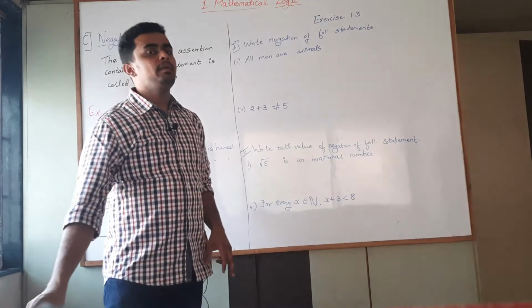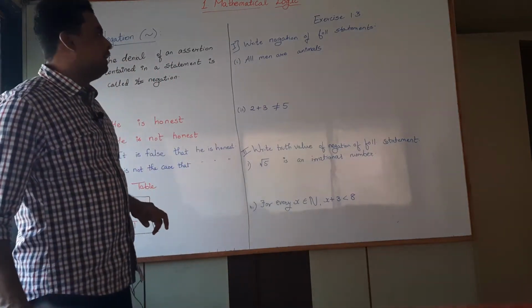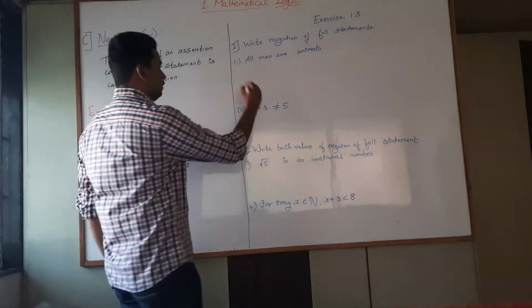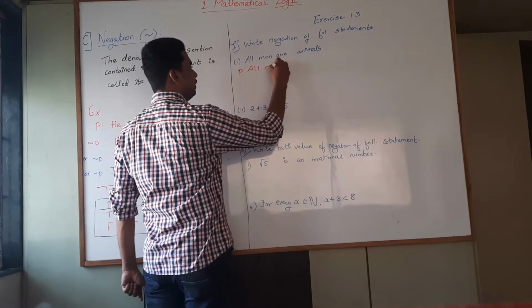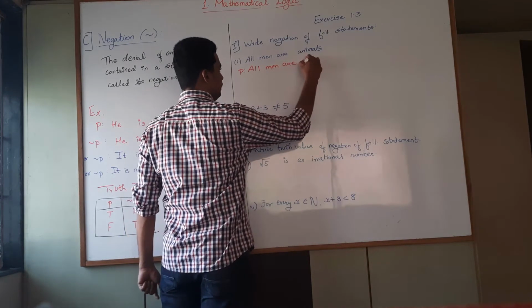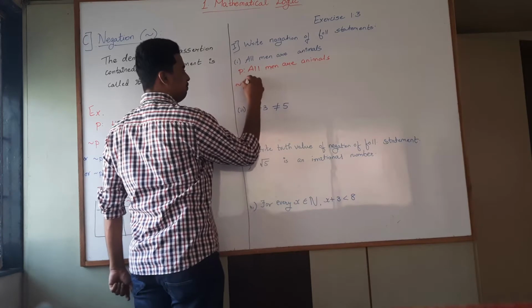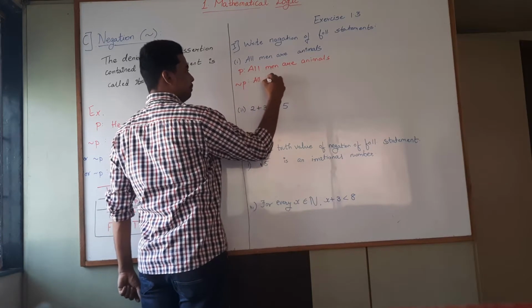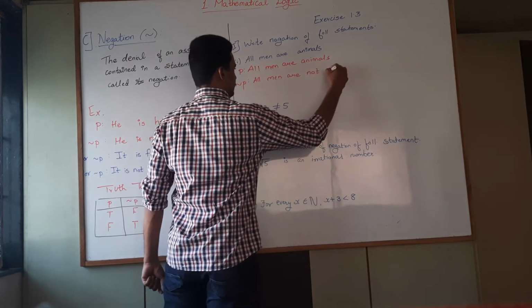So simple, if P is all men are animals, then negation of P will be all men are not animals.